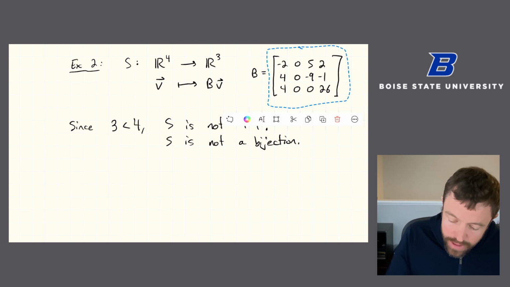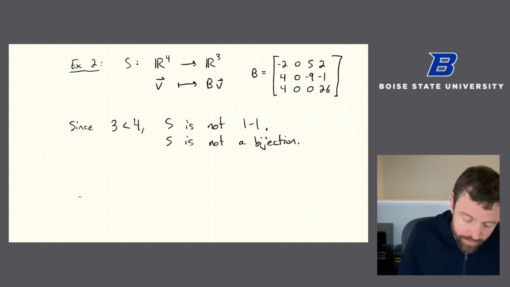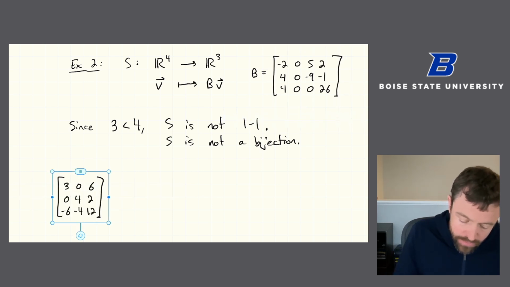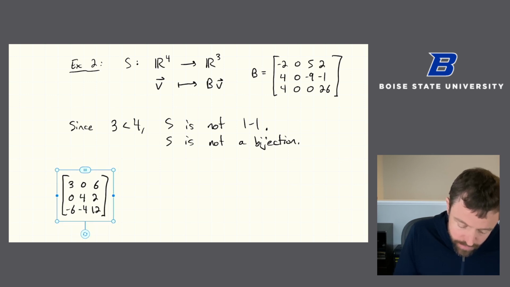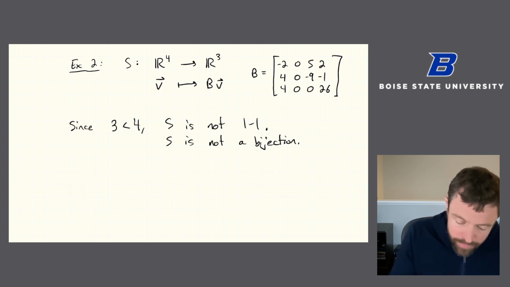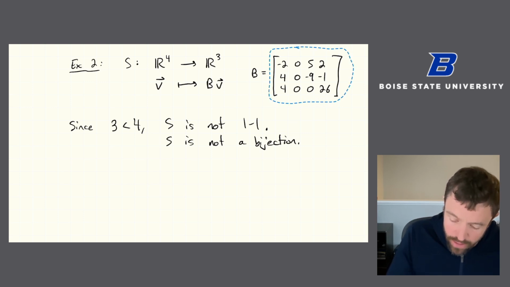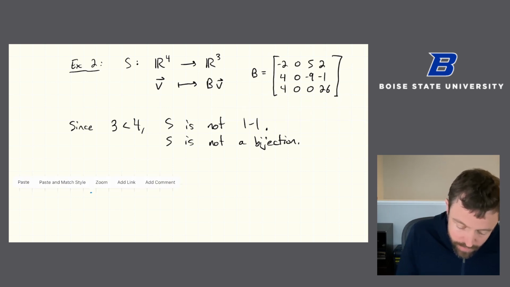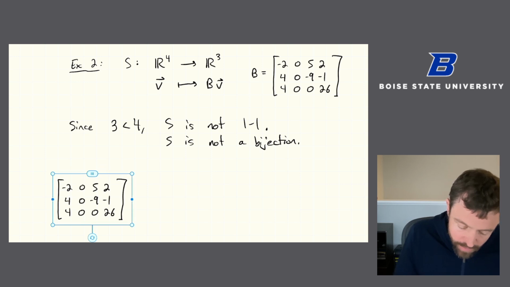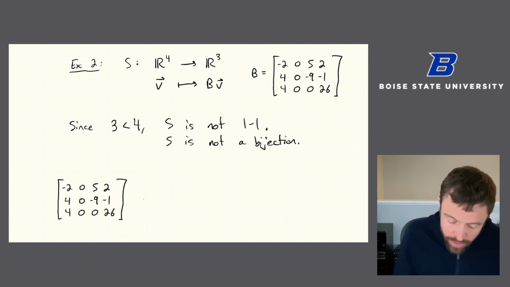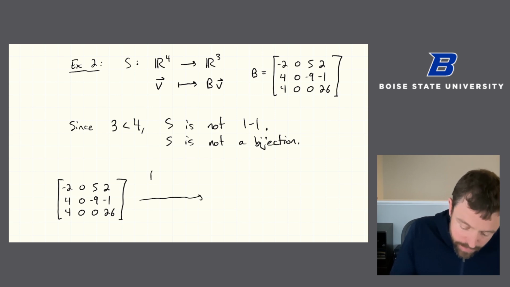What we want to do is take this matrix. We want to convert it into echelon form using a series of row operations, or maybe we'd use a computer or something like that.